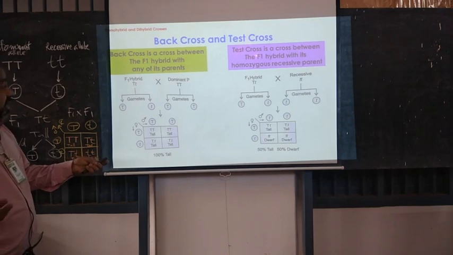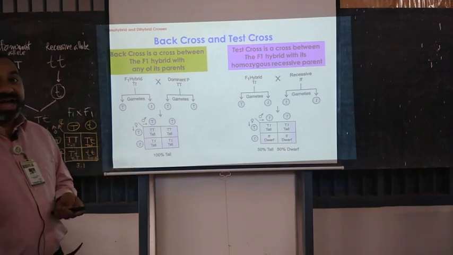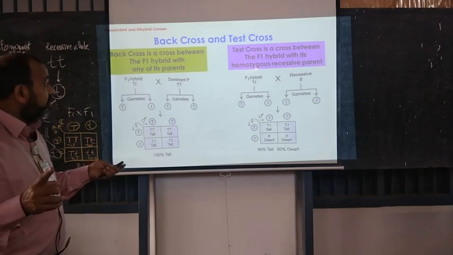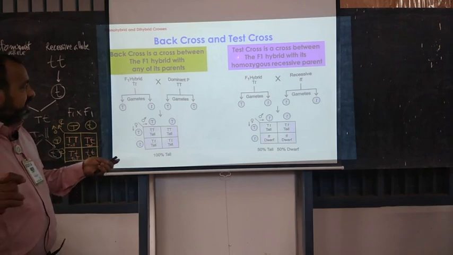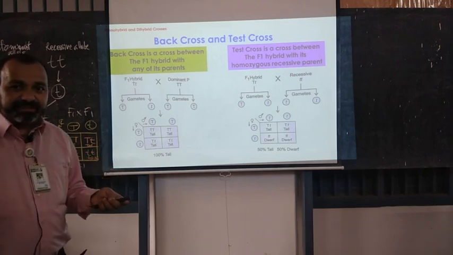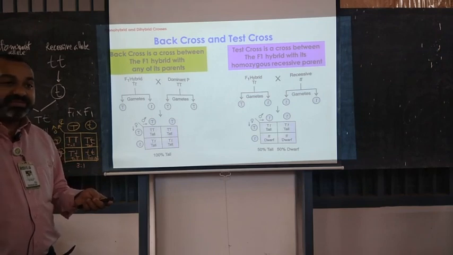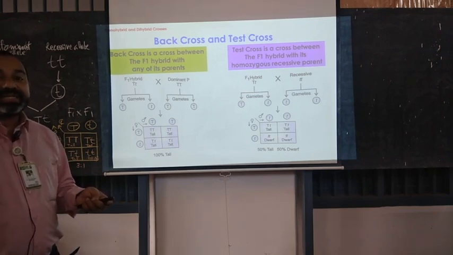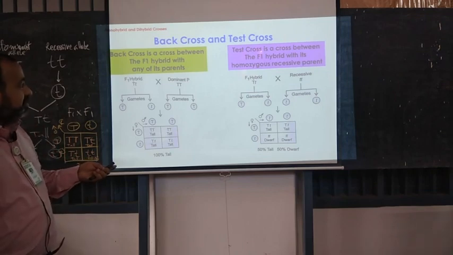Then a test cross is a cross between the F1 and its homozygous recessive parent. Very important. Actually, it is a backcross, but here the parent is very specific. It should be homozygous recessive. So such a cross is called a test cross.